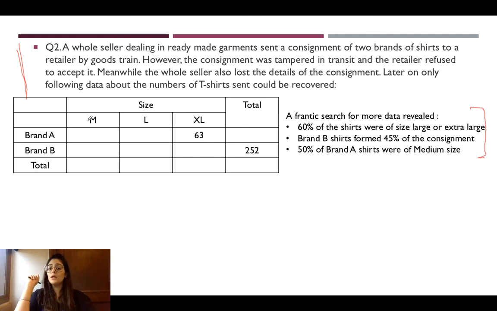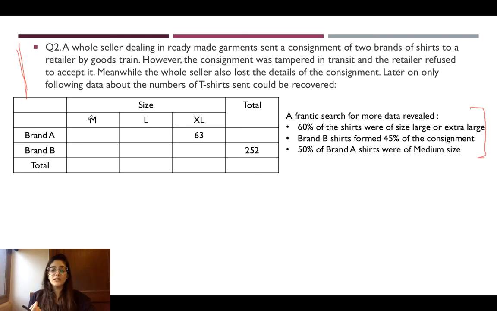Going on to the second point. Brand B shirts formed 45% of the consignment. Again, if I don't know the total consignment number, what will I say from 45%?